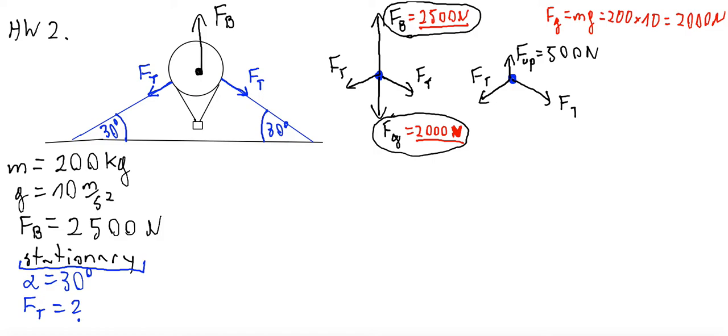Okay. So let's look. These forces must be balanced. These two tensions acting along the string must balance the up force of 500 newtons. What does it mean? It means that the vertical component of each tension, this one and this one, must be equal to 250 newtons, because 250 plus 250 are able to balance this 500 newtons acting up.